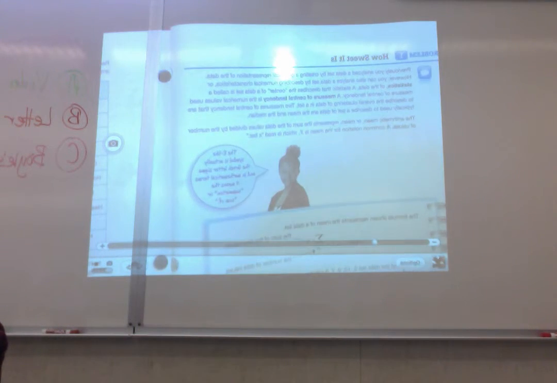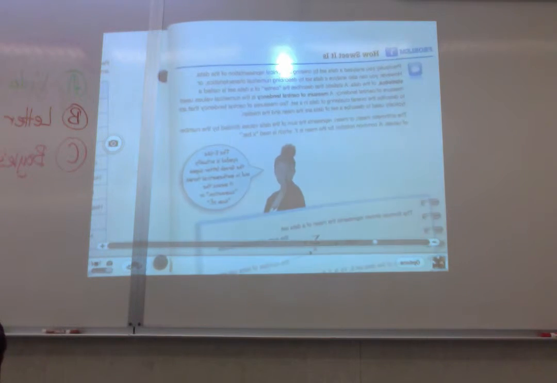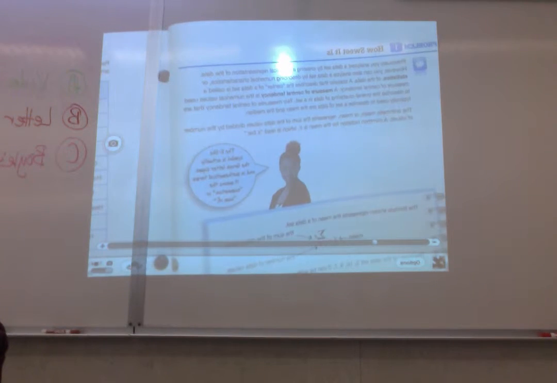Top of page 470. Starting on into 8.2. Jerry, would you read for us? Previously, you analyzed the data set by creating a graphical representation of the data. However, you can also analyze the data set by describing numerical characteristics or statistics of the data.